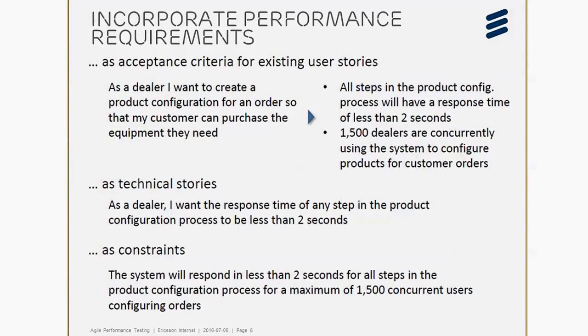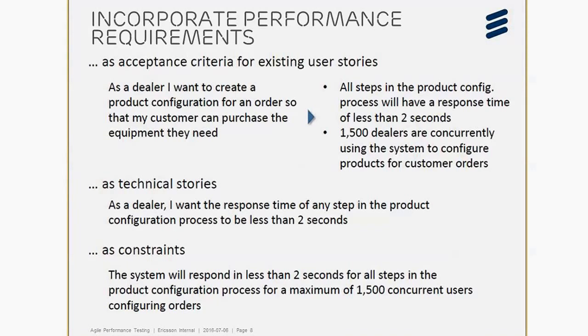Now we are coming into some criteria, where we have to incorporate the performance requirements in the design phase itself or in the analysis phase itself. Most of you might be aware of what a user story is. Say a user story has been given: as a dealer, I want to create a product configuration for an order so that my customer can purchase the equipment they need.